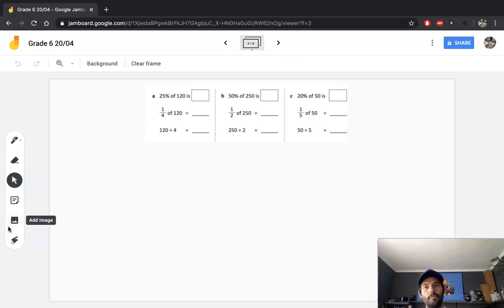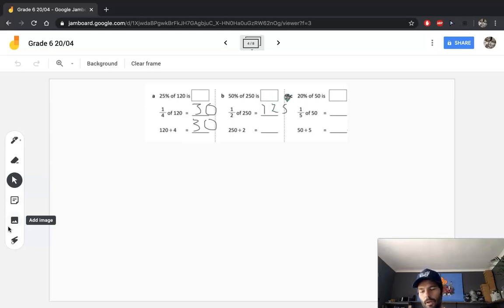We know that 25% is a quarter. Okay, so 120 divided by 4 is going to be 30. All right, so that answers 30. Okay. 50% of 250, we know that 50% is a half. So half of 250 is 125.